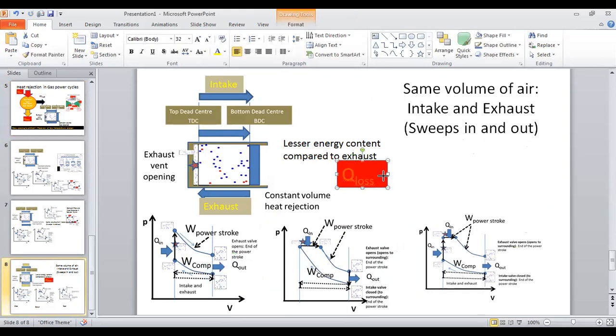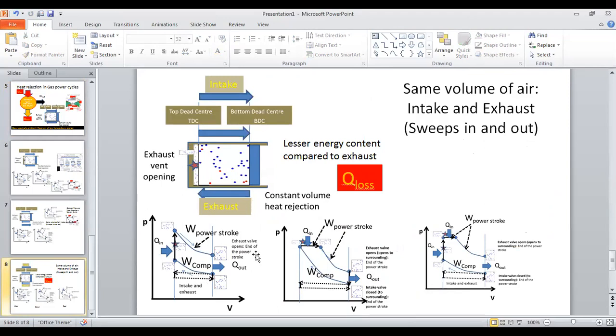Out is loss. So that is the reason. So constant volume, heat rejection to the ambient or to low temperature reservoir.